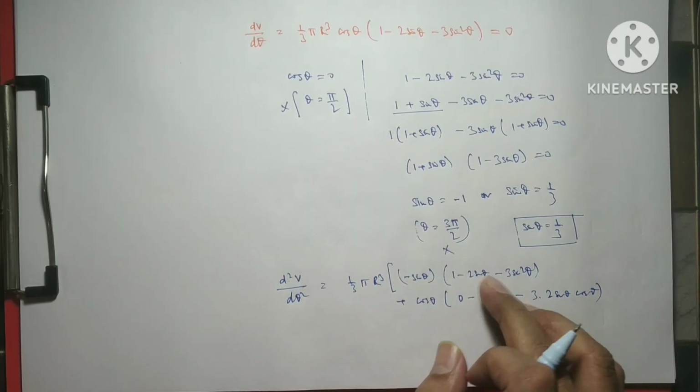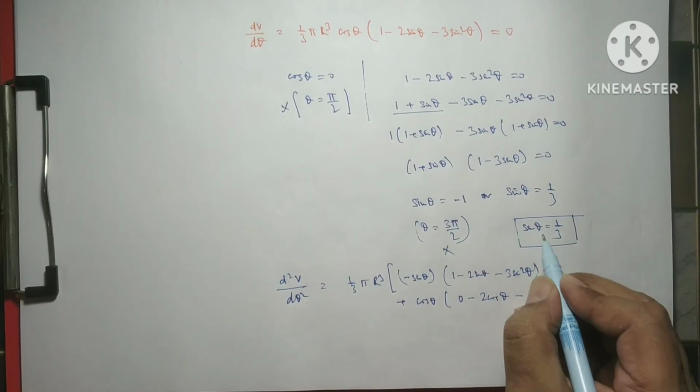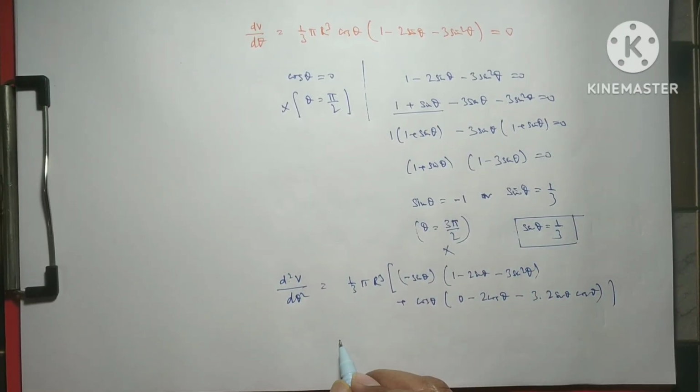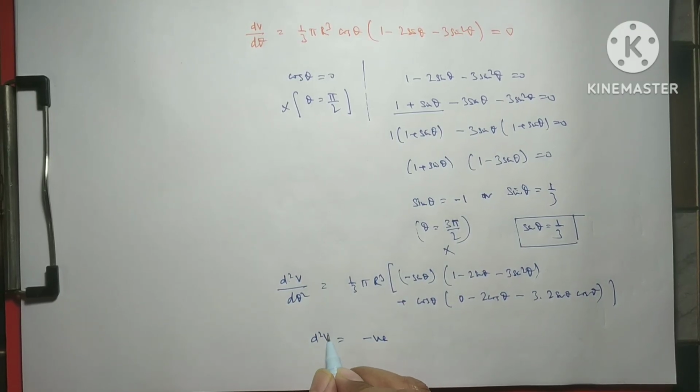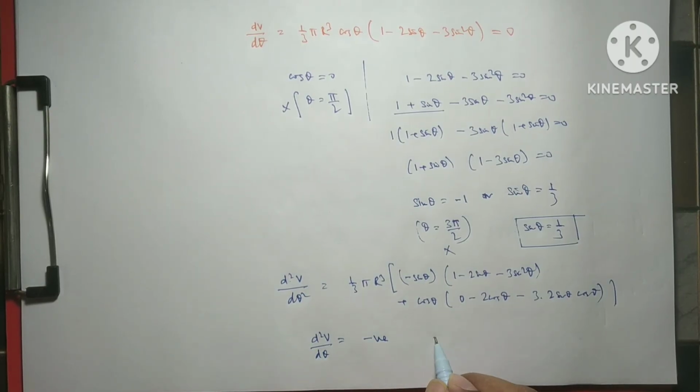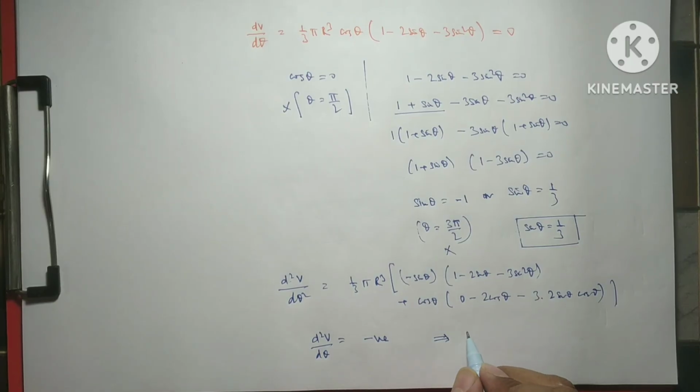So all are negative terms and the value of sin is positive. So when you simplify this, you get negative. So d2V over d theta square, the second derivative of the volume expression, is negative, and this indicates the volume of the cone is largest.